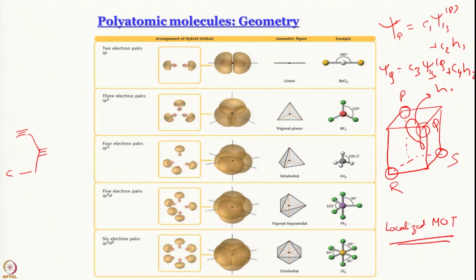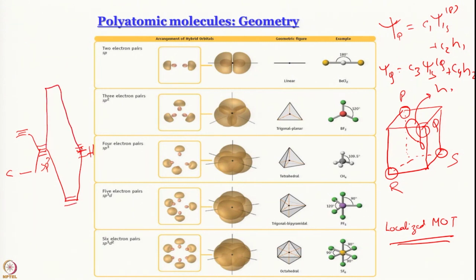So, that is 3, 4, and let us say hydrogen atom 1s wave function has energy somewhere here. So, I should draw 4, 1, 2, 3, 4, because there are 4 hydrogen atoms, P, Q, R, S. So, the simple localized MOT would give me a picture like this.